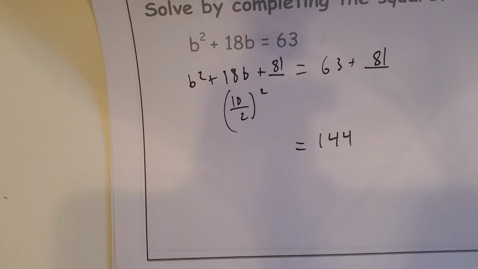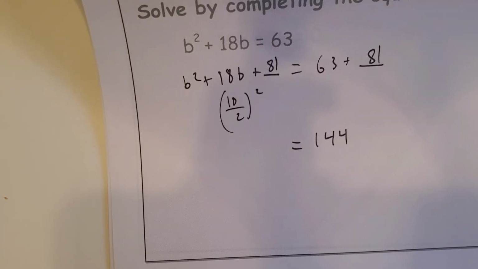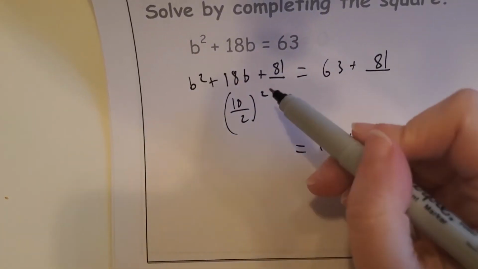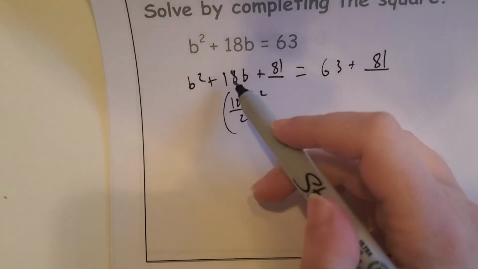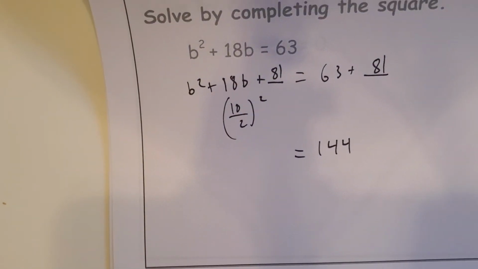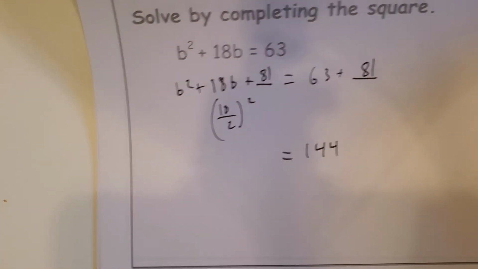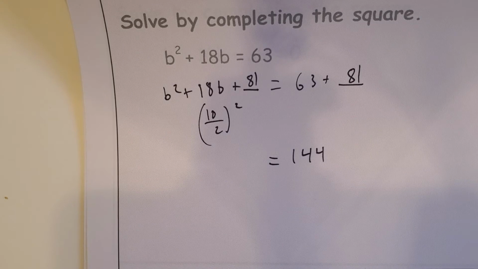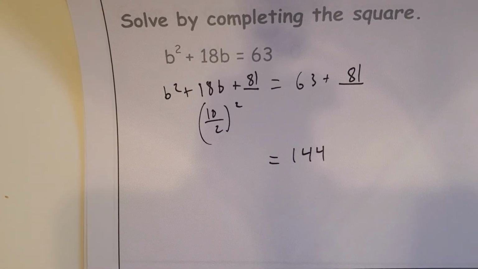It's going to be the exact same number in both sets of parentheses in your factors. All right, because again, if you think about it, what are factors of 81 that add to 18? 9 and 9. Okay, so your factors or your parentheses would look like b plus 9 and b plus 9.